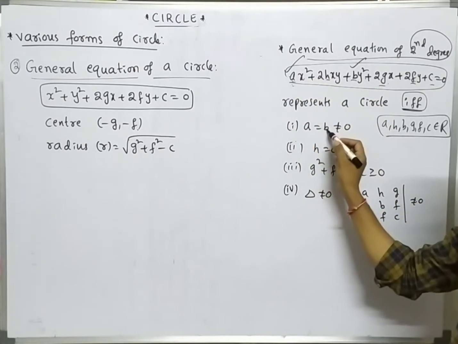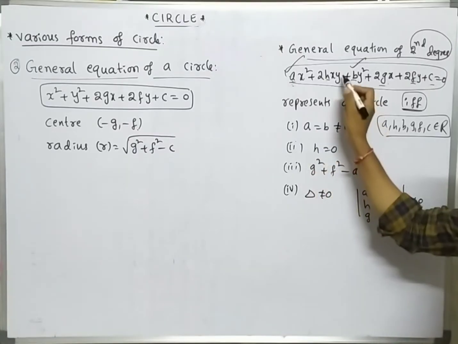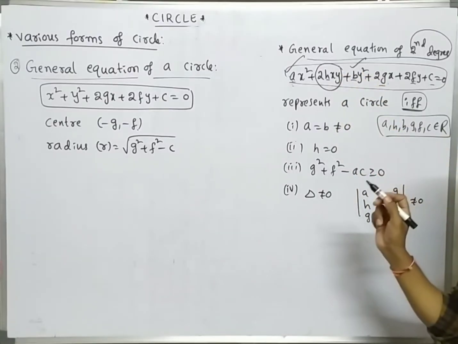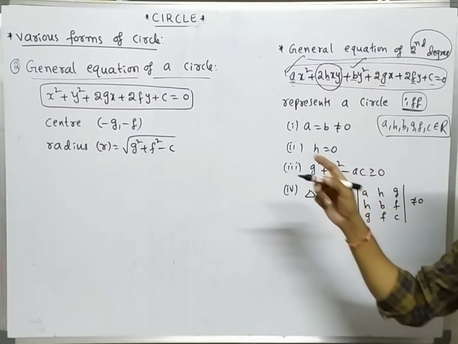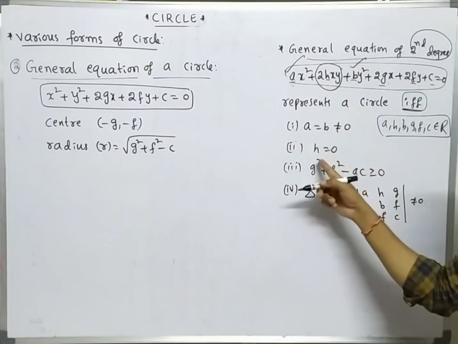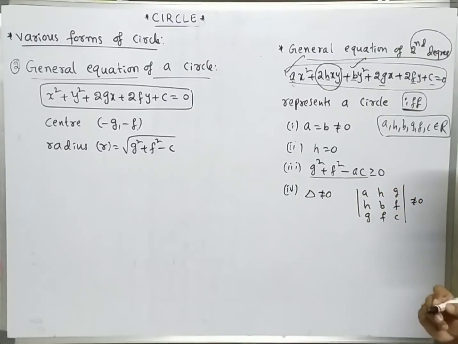So a is equal to b, both are not equal to 0, and h must and should be 0. That means there is no xy term in the general equation of a circle. And this term g square plus f square minus c should be greater than or equal to 0.